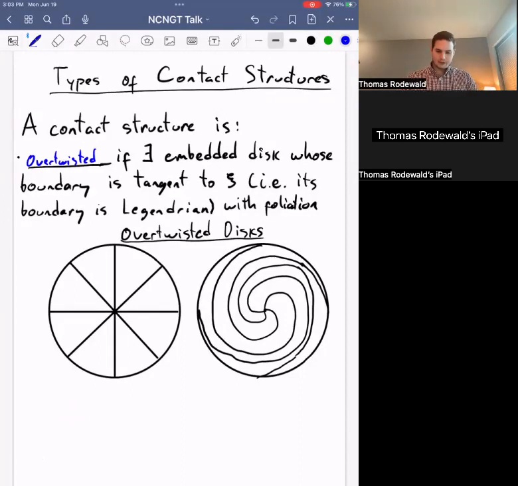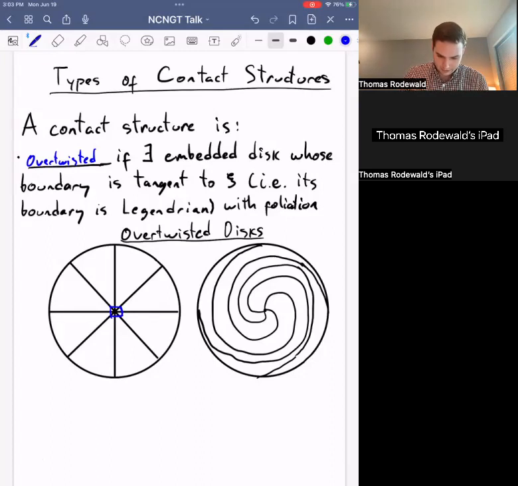What's going on here is the intersection of the disk with the contact planes gives you these foliations, where you have singularities at the center and on the boundary of the disk.